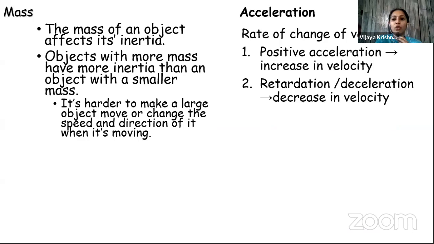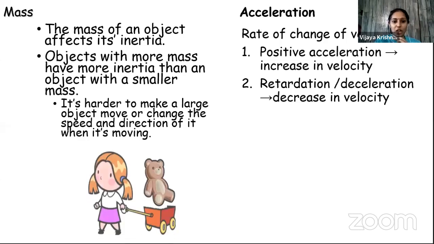Before that, we need to understand two terminologies, that is mass and acceleration. Mass of an object affects the inertia. So it affects the resistance provided by that object to motion. Objects with more mass have more inertia than an object with smaller mass, which has less inertia.